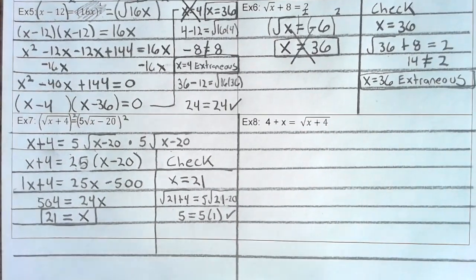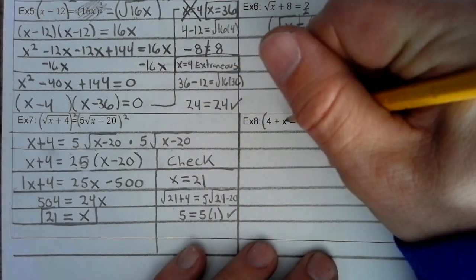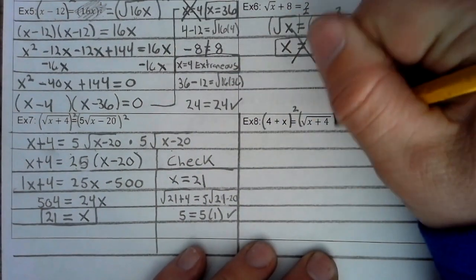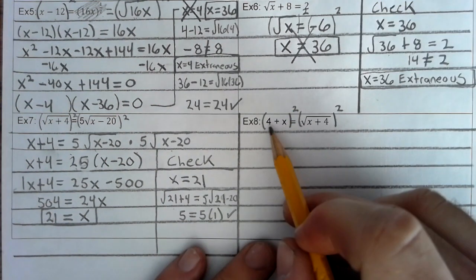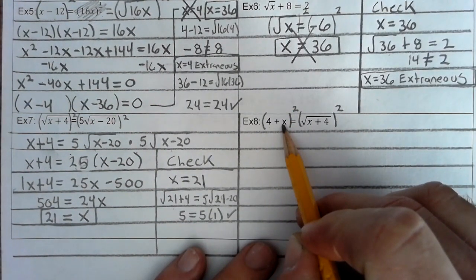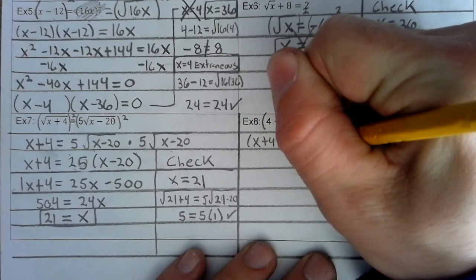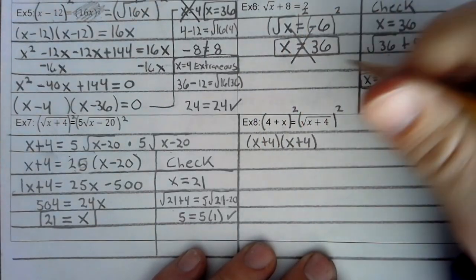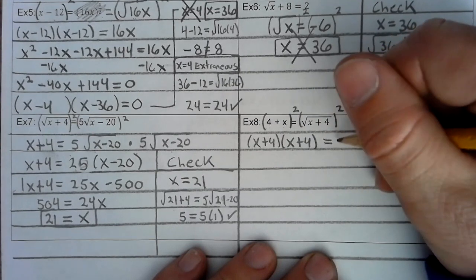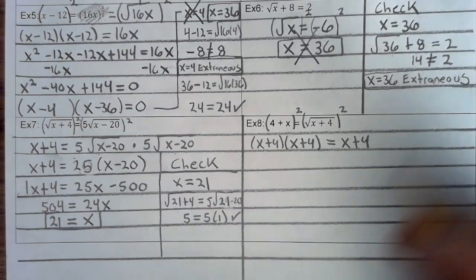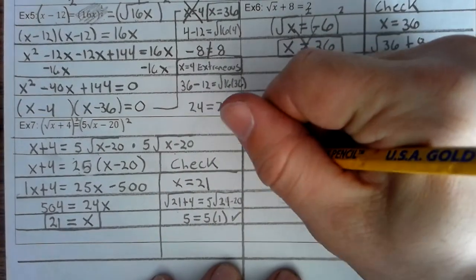All right, example 8. So we square both sides. So then I don't like the 4 plus x. I'm going to rewrite it as x plus 4. So that's x plus 4 times x plus 4 equals x plus 4. So now we FOIL, that's x squared.